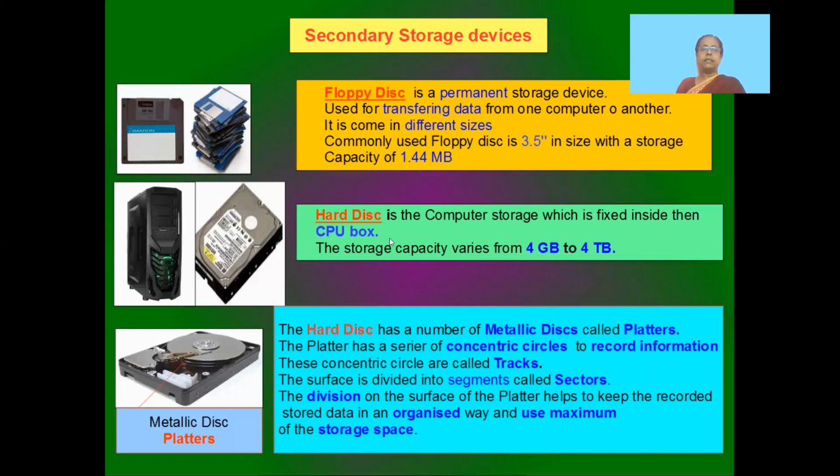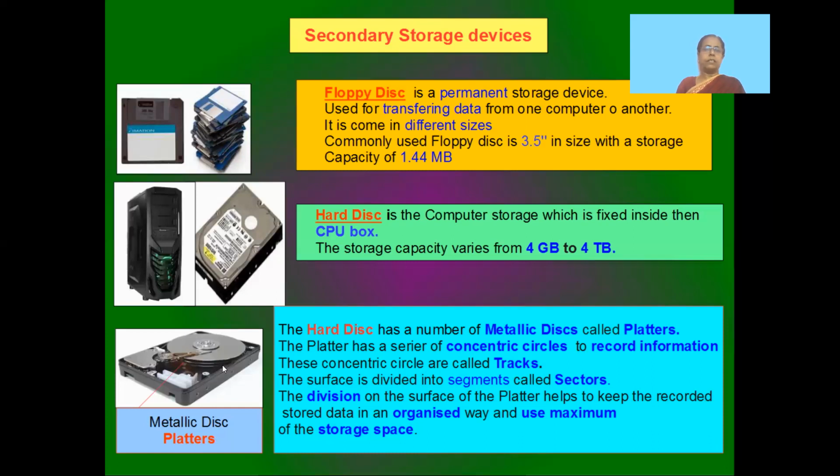So the hard disk is a storage device which is in the CPU. It has a capacity of 4 gigabytes to 4 terabytes. Inside this hard disk, you have a number of metallic disks, which are called platters. On these platters, you have concentric circles for recording any information.